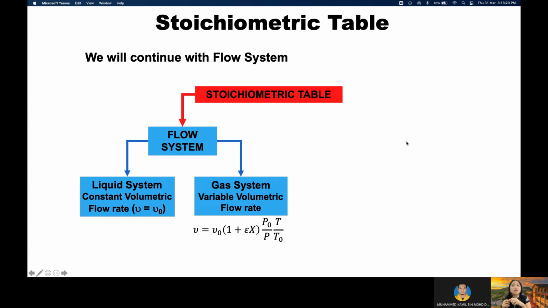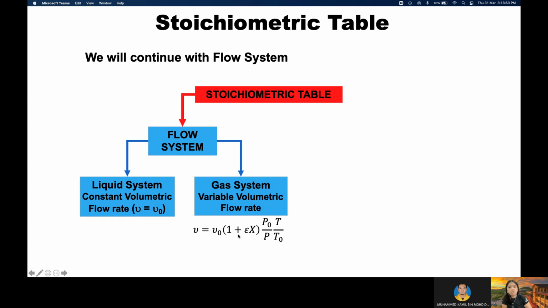Okay, why it's not equal is because, you know, in the case of gas, they are highly sensitive to a few variables, particularly of course pressure. So if there's a pressure change, definitely the inlet and outlet volumetric flow rate are no longer the same. Temperature change as well. And then third is the chemistry of the reaction itself. So if the reaction involves gas, it is no longer straightforward.